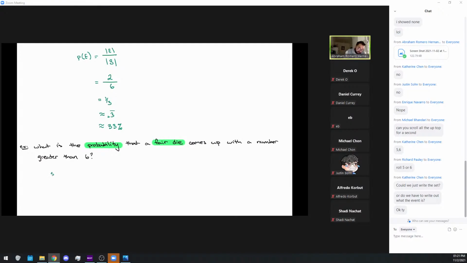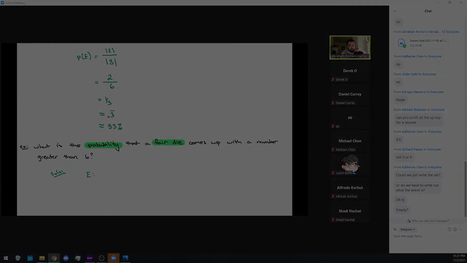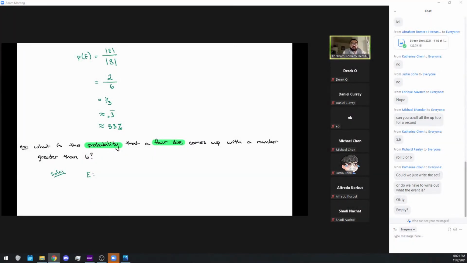Well, in this case, what is my event? What is my event? What is the probability that the die comes up with a number greater than 6? What is my event? It ain't empty. What is my event?